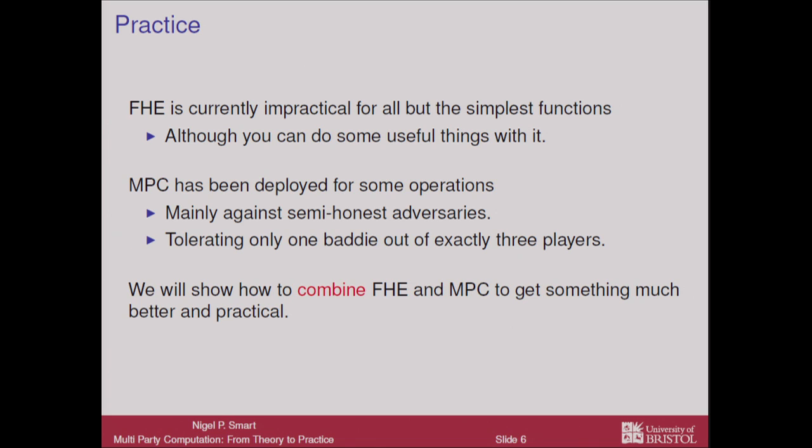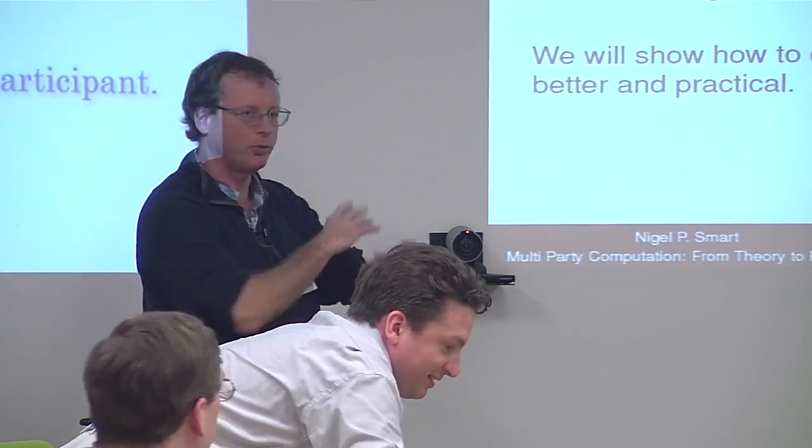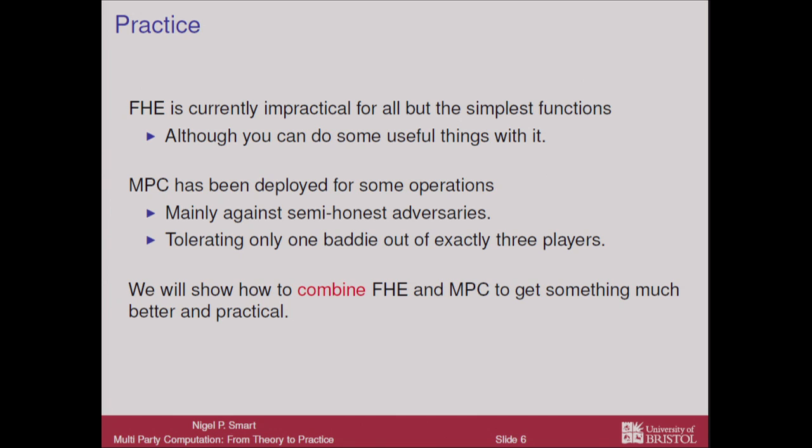There's this Danish sugar beet auction. SAP has a supply chain management solution where different people in the supply chain can put their inputs in, and it will compute the optimal supply chain without revealing information. So FHE is impractical, but MPC has been deployed. It's been deployed for the sugar beet auction, and for SAP with the supply chain management.